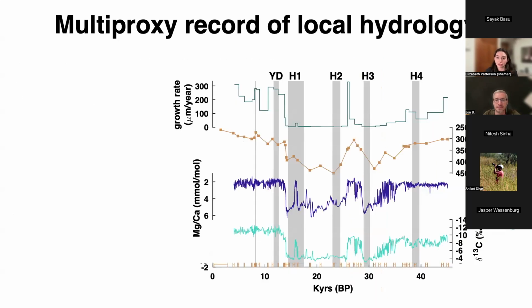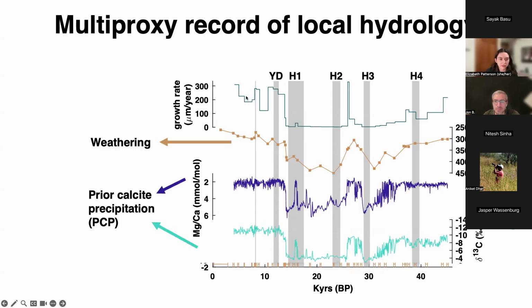So what did the data actually show? Here I am showing a stacked plot of the HH1 record, with a bunch of different proxies. On the bottom is carbon isotopes. This purple record is the magnesium-calcium ratios, with uranium isotopes and growth rate on top.